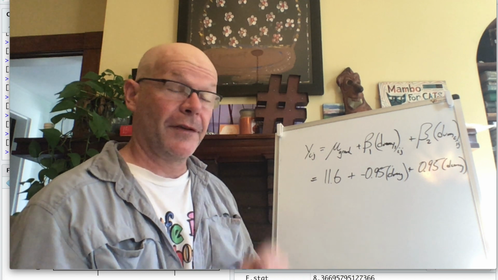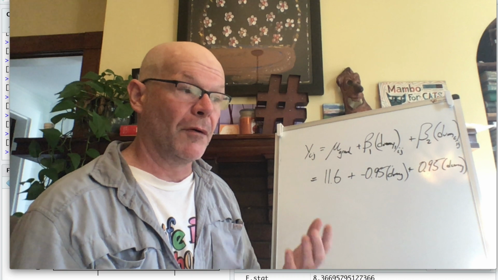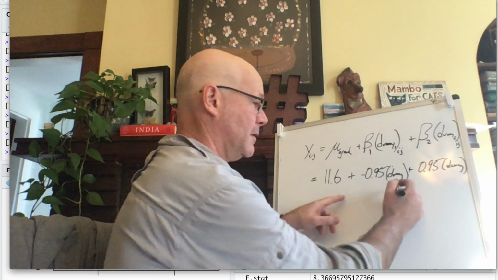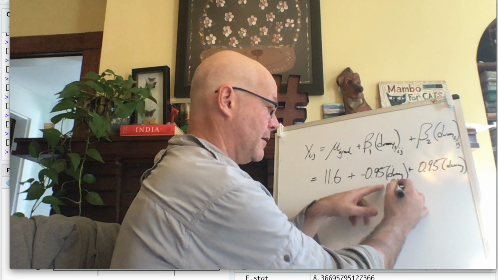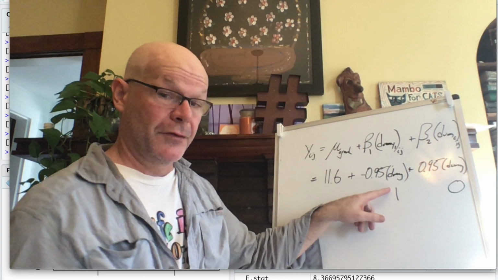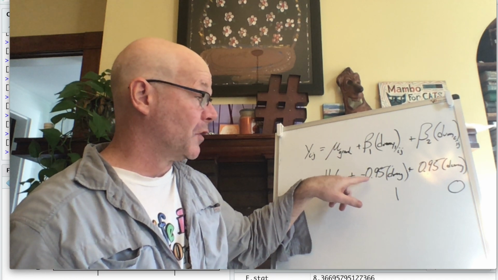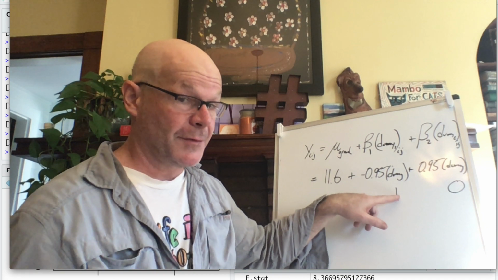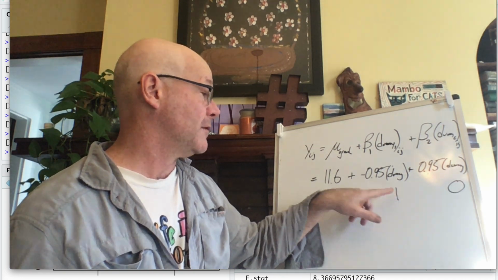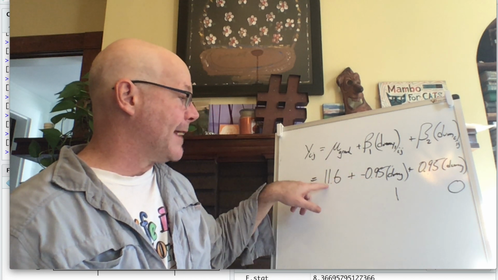For example, if we were interested in the expected value for the control group, our dummy coding would be a 1 and a 0. Because you're in the control group, you multiply negative 0.95 times 1, and add it to the grand mean.